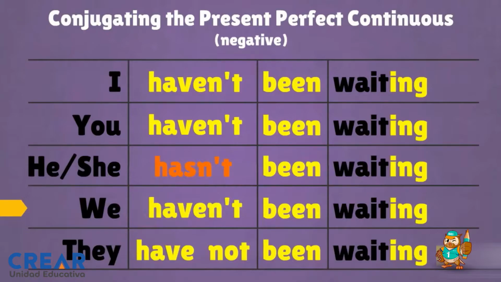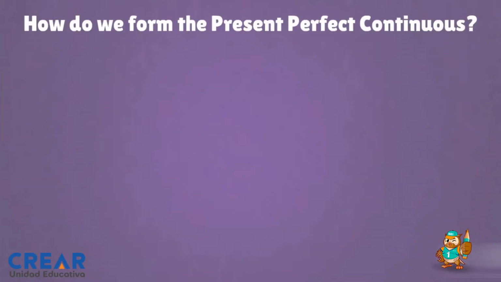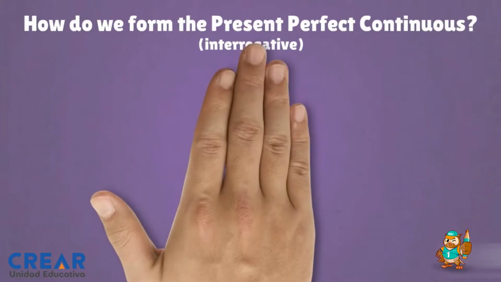And finally, they haven't been waiting. It is pretty simple, right? So the only thing that we need to do is change something. When we put them together, we have to contract them, and then we have to say haven't or hasn't according to the personal pronoun.